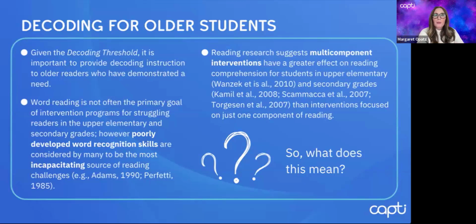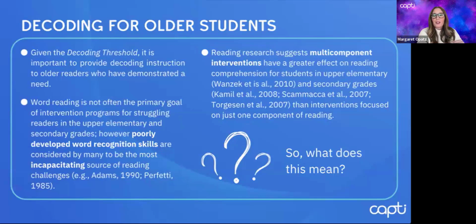Meaning that within a word recognition and decoding intervention, we pull in other components, like fluency, repeated reading, and looking at the relationships across sentences. We want to pull in those multiple components, even when the focus is on word recognition and decoding.